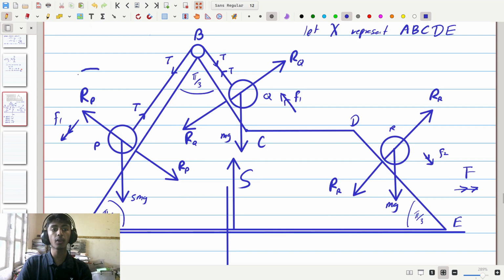Now additionally, I'll also name RP, RQ and RR, because it's clear from the diagram, but it's not really clear to whoever is watching what this might be.